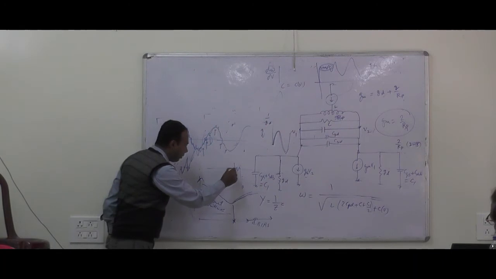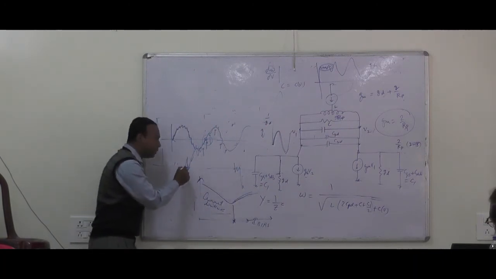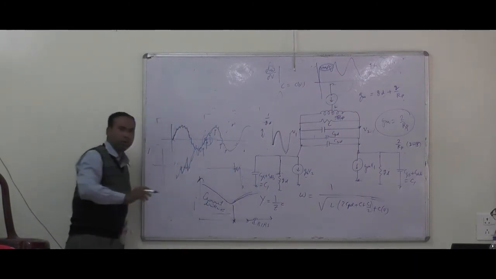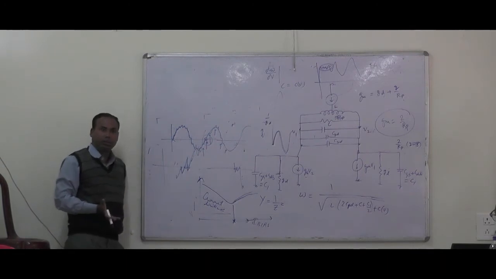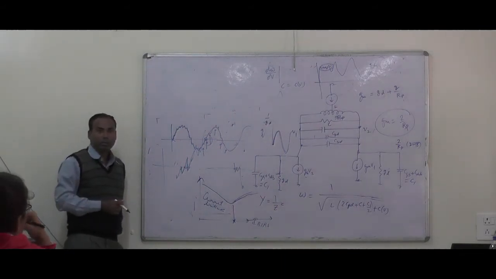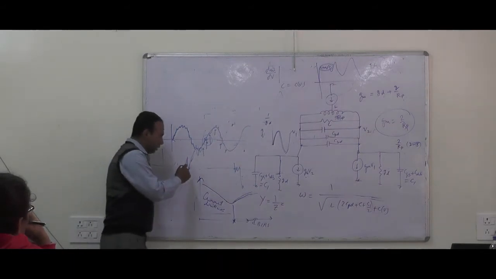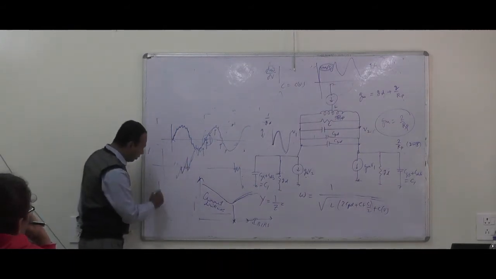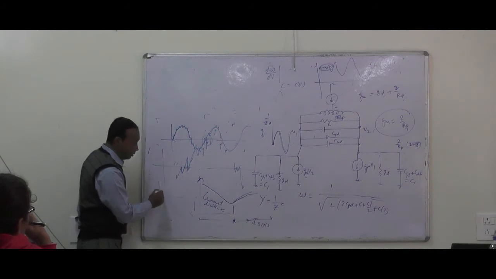So can I say that the distance from here to here is not equal to the distance from here to here? It's difficult to predict. How would you say that? Because where it will come in, how the noise will be injected, when it will be injected, how do I know? So that's why the zero crossing point is changing.